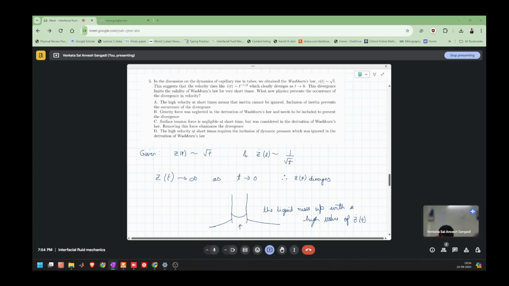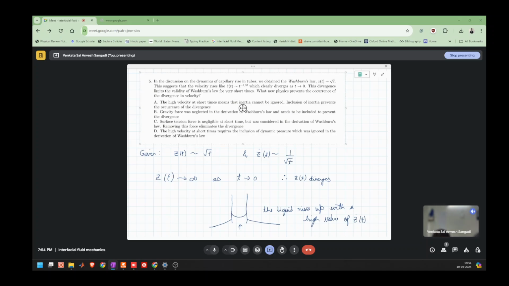So in the initial stages, when the level of water is moving up at very short times, the inertia force cannot be neglected as there is a significant value of z dot.